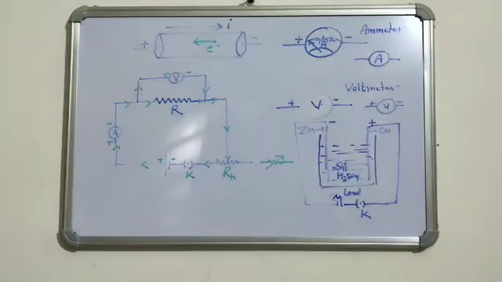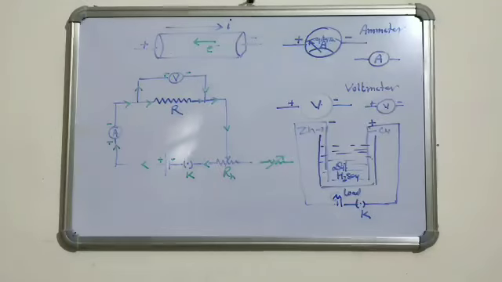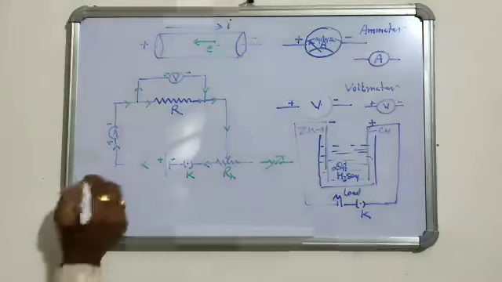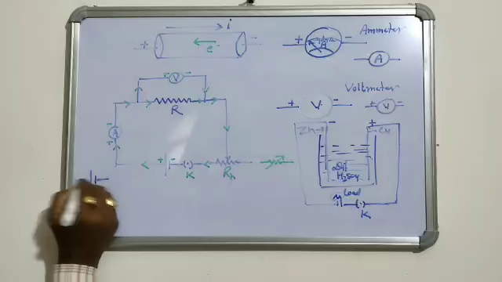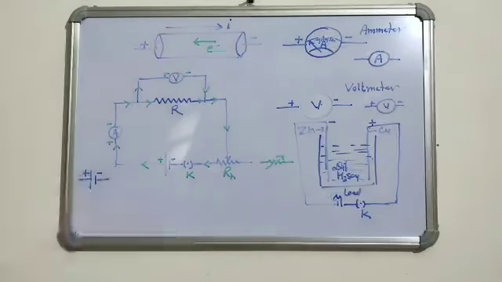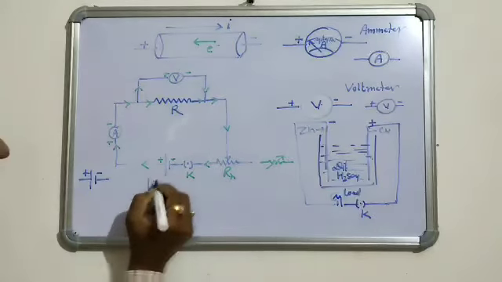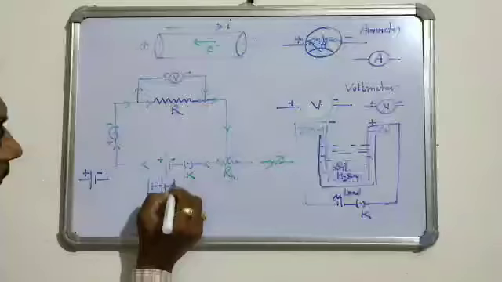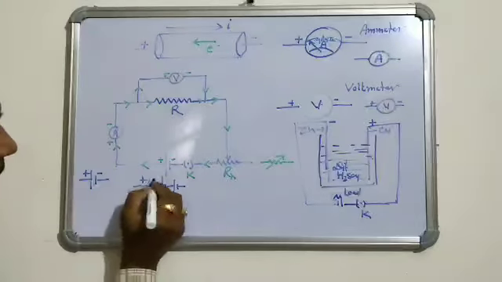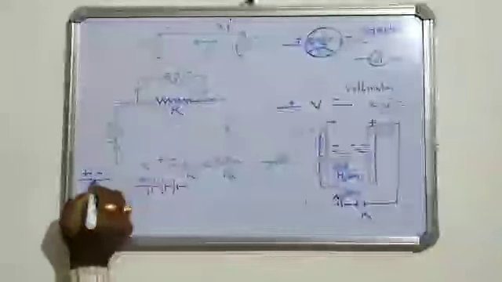Okay. Now we are going to discuss some symbols related to electric circuits. The first symbol is the cell, and this is the symbol of a battery. The long line is positive, the small line is negative.